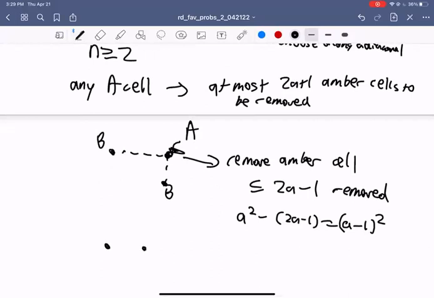And if they're in the same row or same column, it doesn't really matter. There are 2 possibilities. If there is an amber cell in that same row, then we can just consider that amber cell and remove it. And we are again removing at most 2a minus 1 amber cells, so our inductive step works. The other possibility is if the row is entirely bronze.